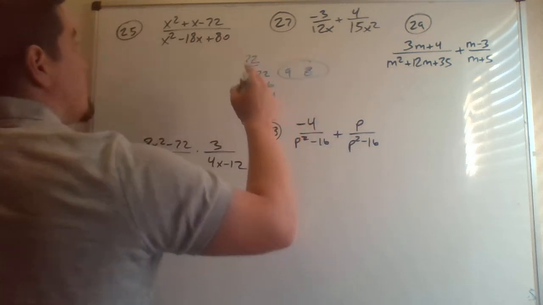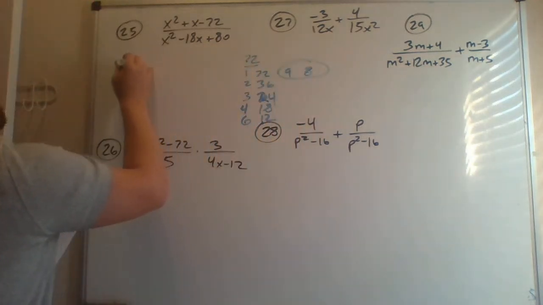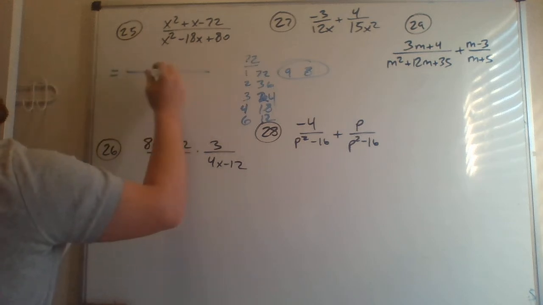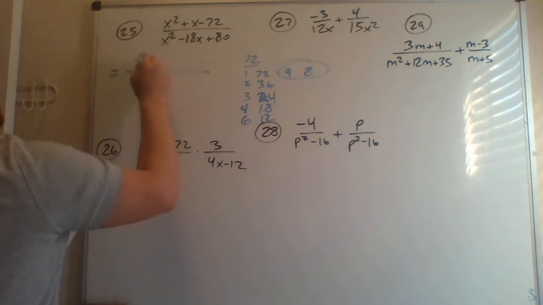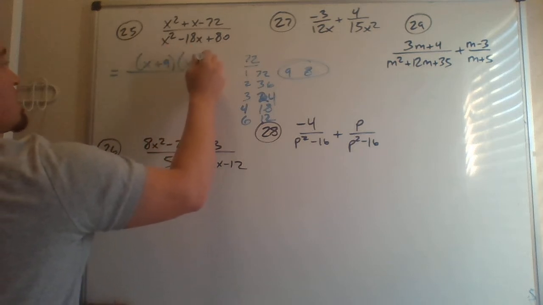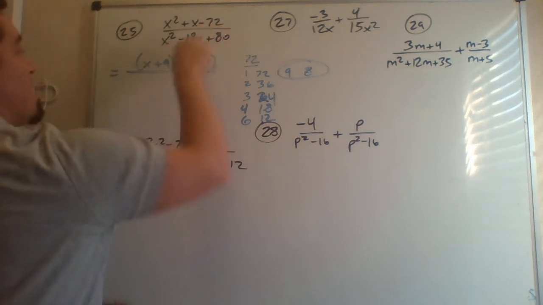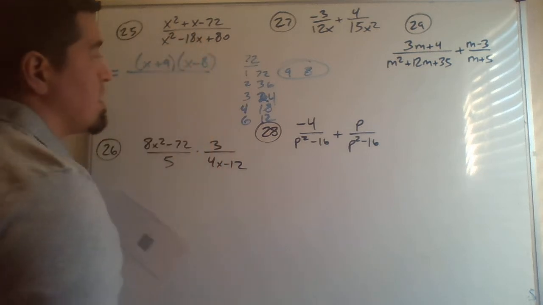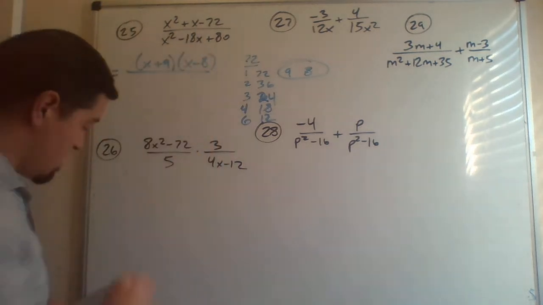Which, that's going to be the one. So on top, it's going to factor to x plus 9, x minus 8, because that multiplies to negative 72 and adds up to positive 1. Okay, so that one works.